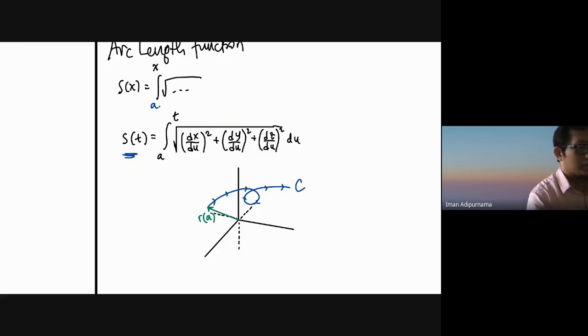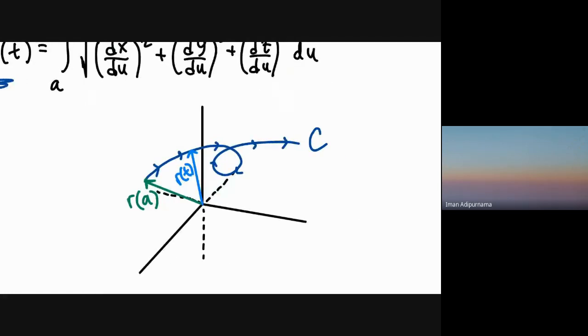This is r of a, from t equal a. And then we go until here, and this is our r of t. So r of t is a variable, meaning we can imagine this curve C and cut it in segments, and we can move the segments. This r of t we can move to any point we want.